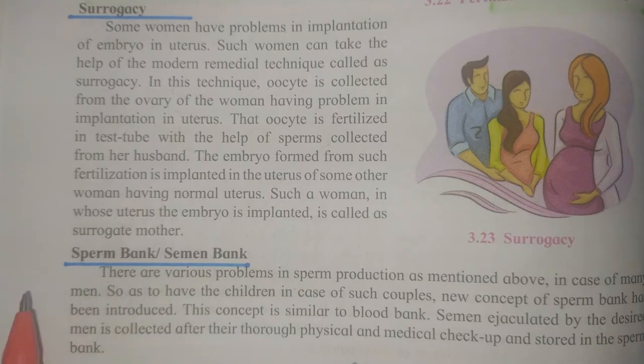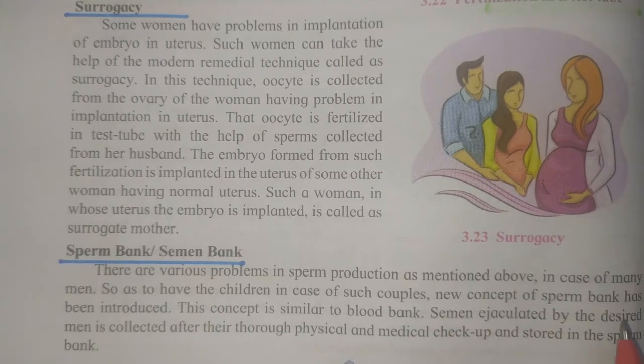Now the next modern technology is sperm bank or semen bank. There are various problems in sperm production as mentioned above in case of many men. So as to have children in case of such couples, the new concept of sperm bank, a bank of sperm, has been introduced.